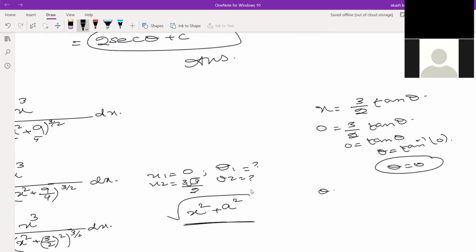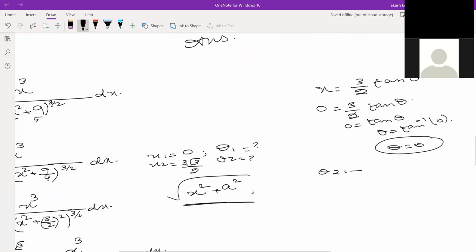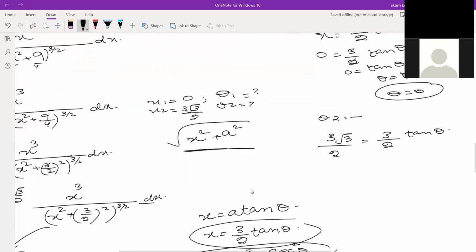And for theta 2, our x2 is 3 cube root 3 divided by 2 equals 3 by 2 tan theta. This 3 cancels out, this 2 cancels out. So tan inverse cube root 3 equals theta. Tan inverse cube root 3 is equal to 60, or we can say it is equal to pi by 3 radians or 60 degrees.